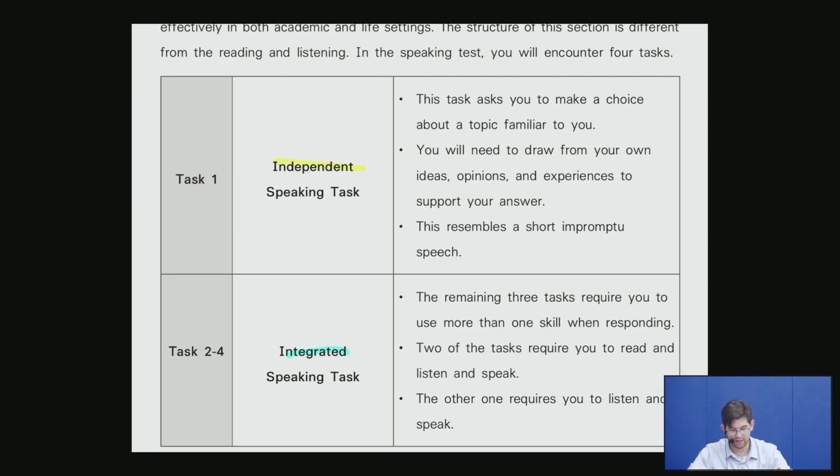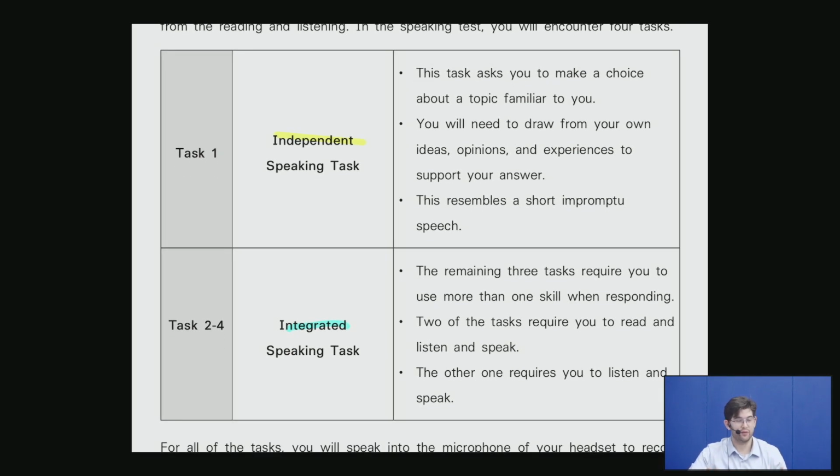What this really means is in task 1, you're using mostly your speaking skills. You have to use your reading skills a little bit. While in task 2, 3, and 4, we are using multiple different language skills in our tasks. So this is where they're integrated, using our reading, using our listening in combination with our speaking communication skills.